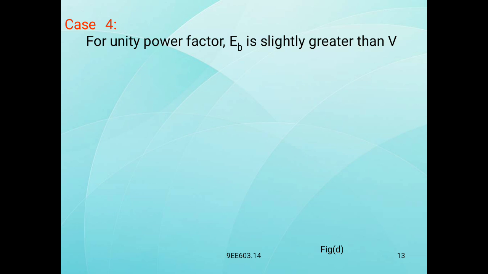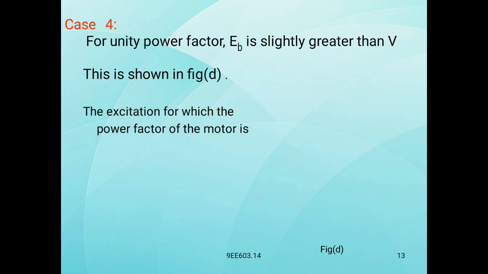So for unity power factor, EB is slightly greater than V, as shown in the figure. The excitation for which the power factor of the motor is unity is called normal excitation.